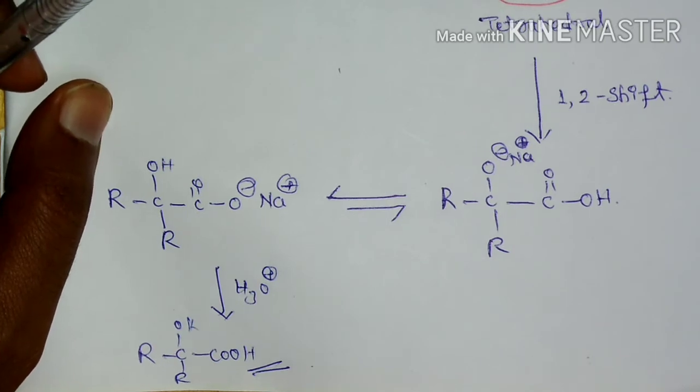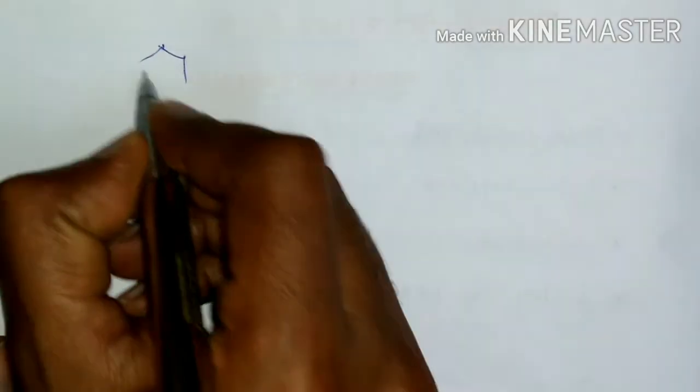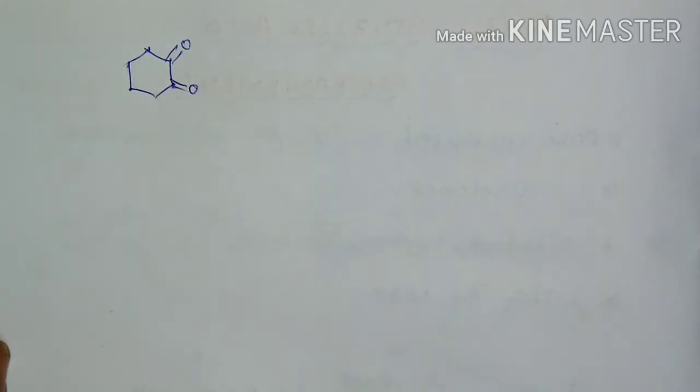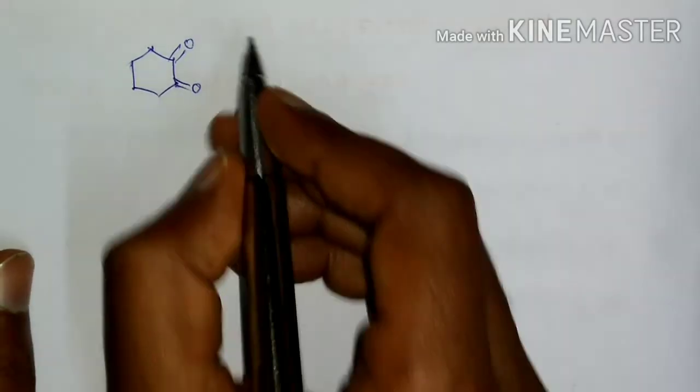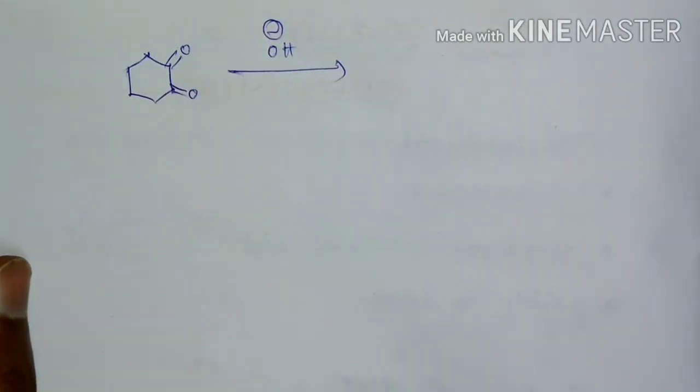Now what happens if we take a cyclic 1,2-diketone? The diketone we have taken so far is an aromatic diketone. What happens if we take a cyclic aliphatic diketone and treat it with hydroxide? It is going to show ring contraction.